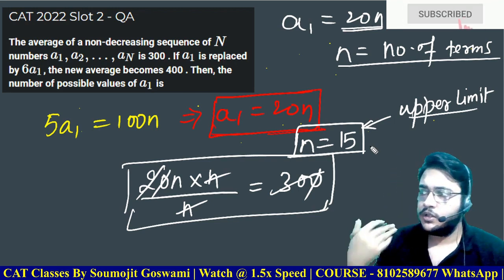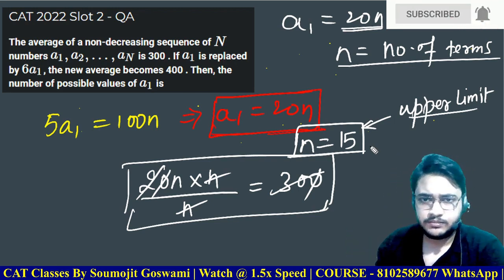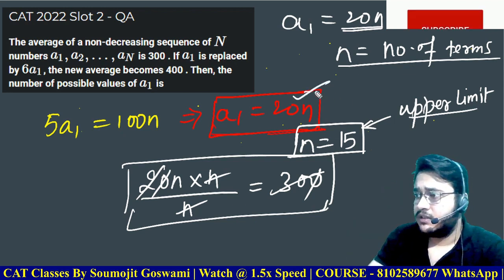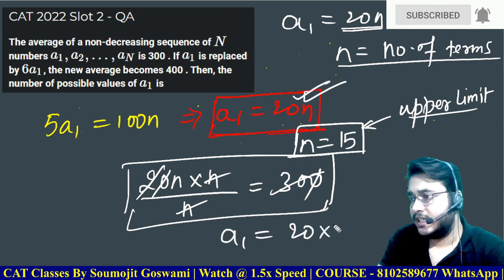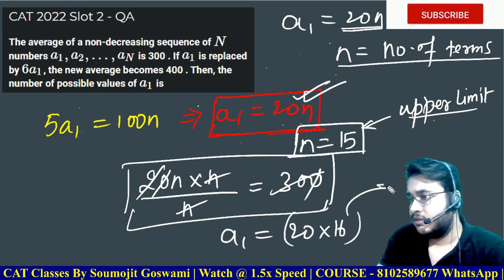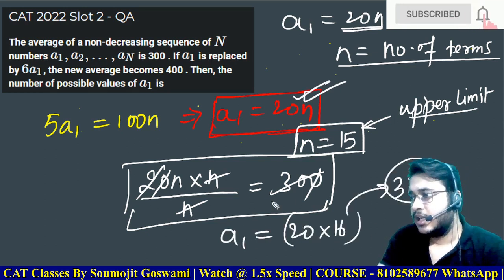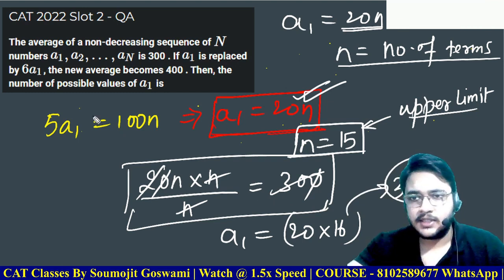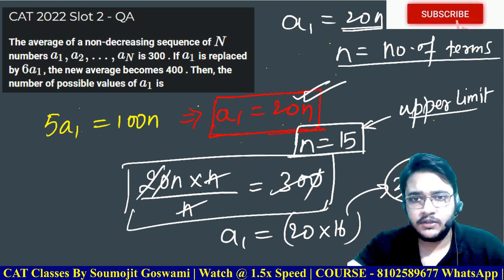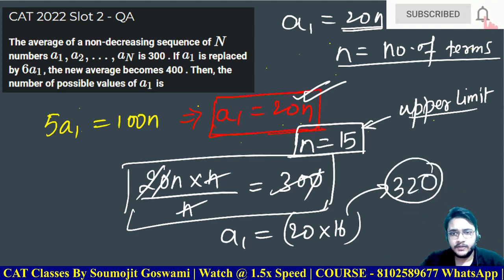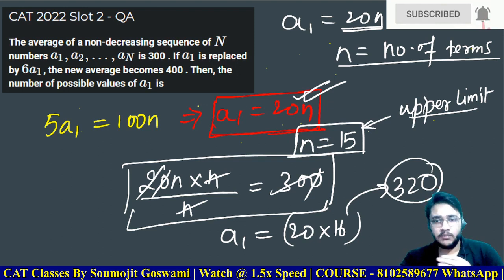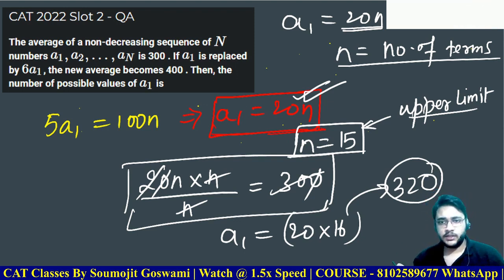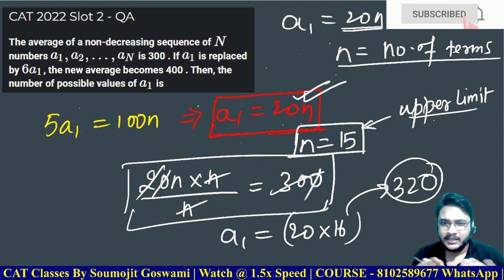Why is the upper limit only n equals 15? Because if you substitute for 16 terms, remember the first term will be a1, that is 20 into 16, which is 320. Now if the first term is 320 and all other terms are either equal to 320 or more than 320, think about it logically.